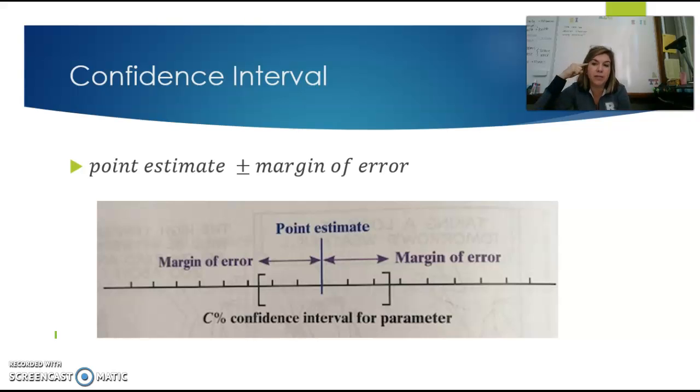So the two components of a confidence interval are on the screen right now. We have a point estimate, and then we have what's called a margin of error. Our point estimate is always right in the middle of our interval. It's the median, if you will. And then we have a margin of error that allows us a certain amount of wiggle room based on some factors that we'll get into.